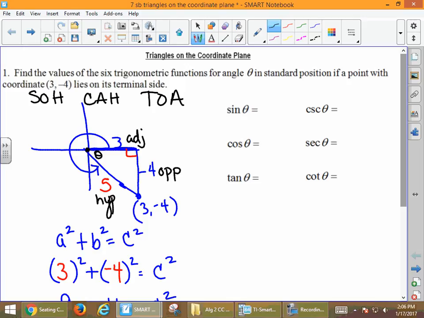So our angle's going to be touching the origin somehow there, or it's going to form around the origin somehow. If we know that mnemonic again, sine is the opposite length divided by the hypotenuse. So in this case here, when we want to find the values, sine is opposite, which is -4, divided by the hypotenuse, which is 5.